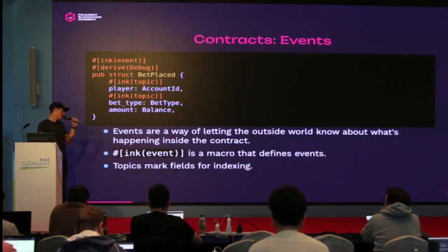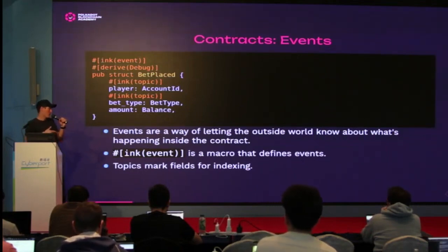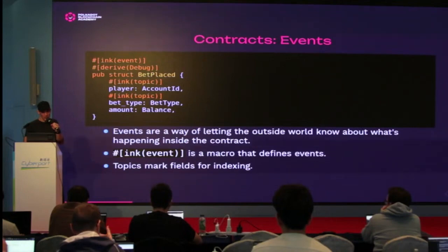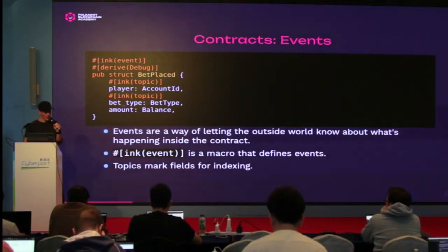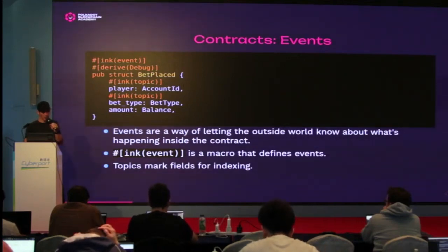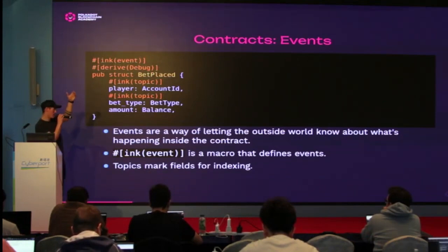These events are super important for dApps. They let the outside world know what's happening inside the contract, but not just that. We're going to quickly mention where else you can use events and what for. Basically, in the course of execution, your contract emits these events.